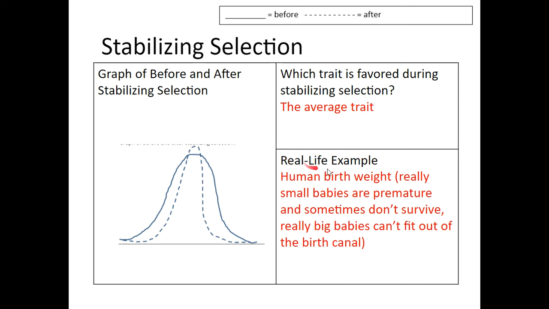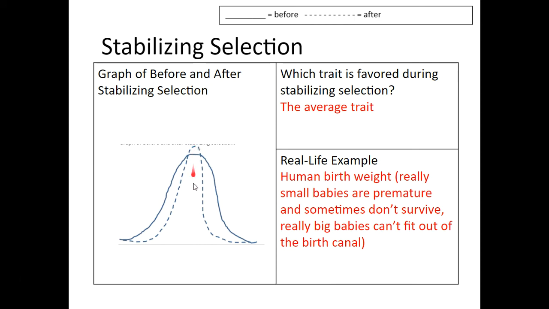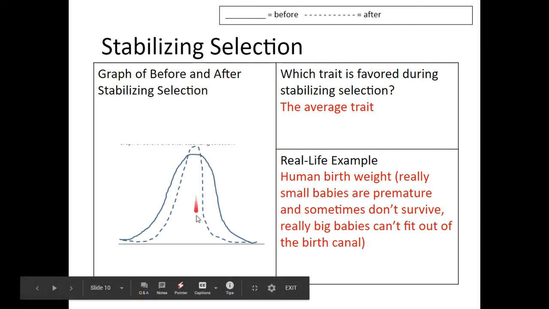So an example of stabilizing natural selection is in human birth weight. So again, sticking with those numbers, 0 over here on the left, 10 pounds over here on the right. A human baby wants to be born at around 5 or 6 pounds. That is the optimal or the best birth weight for that baby to survive. If the birth weight is too low, they might be premature, or that might mean that they have underlying health issues.